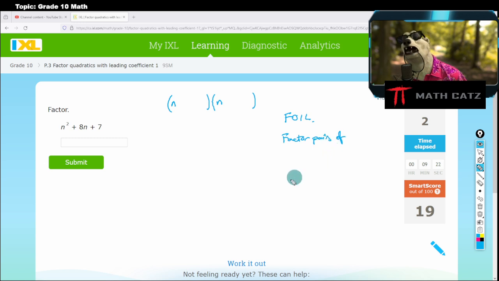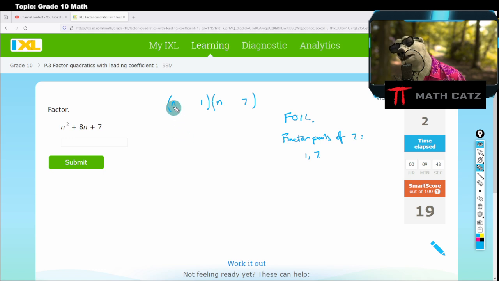Let me know in the comments if you need a follow-up video on this. There's so much we can do. Factor pairs of 7, well, that is nice because 7 is prime. There's only 1 and 7 as a factor pair option. So I don't even really care. There's only one option. It has to be a 1 and a 7. So I'll just put them in.